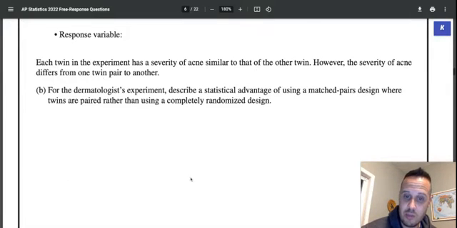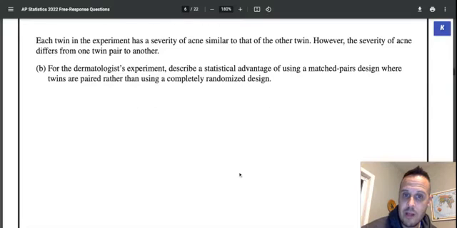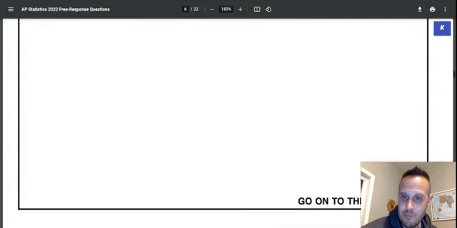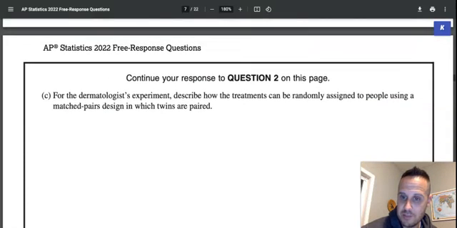If you just look at all the twins that were really, really spread out, then you get all that variability. But instead, you have two twins that started out close, and therefore there's a delta for each of them. And these two started off close, and there's a delta for each of them, hopefully getting better. Okay, so it reduces the variability is what I would be looking for in that answer.